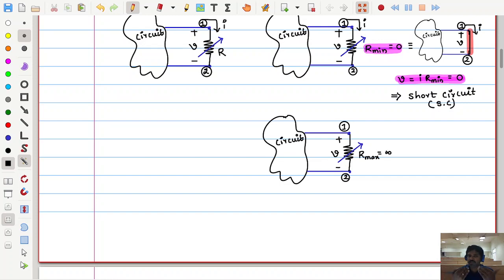It tries to oppose the flow of current. If it opposes such that no current passes through it, when can this situation arise? When the resistor offers an infinite amount of resistance. Infinite resistance means it ideally does not allow any current to pass through that element.